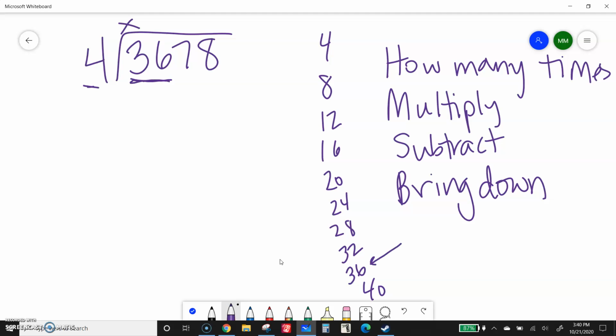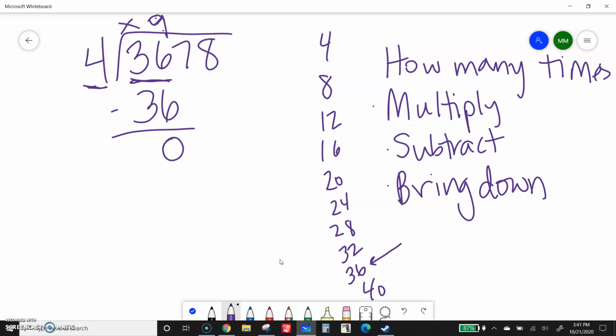Look, I actually hit 36. So how many times was that? That was 9 times. So that goes on top. Then we multiply 9 times 4. So the number I just wrote times this number on the outside, my divisor. Then I get 36. Subtract 36 minus 36 is 0.